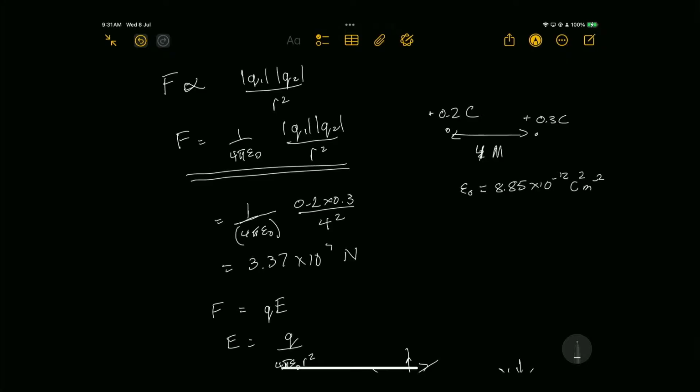For Coulomb's law, all of your units have to be in SI units. So you need to have the charges in coulombs and the distance in meters, right? If the distance is given in centimeters or kilometers or anything like that, it must be converted to meters. And any other form of coulombs, so microcoulombs for example, needs to be converted to coulombs.